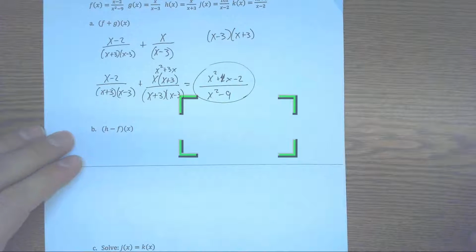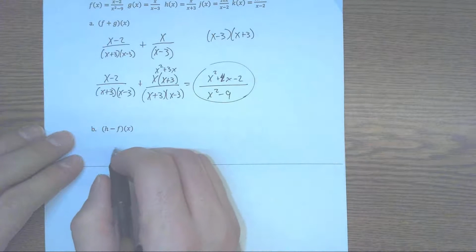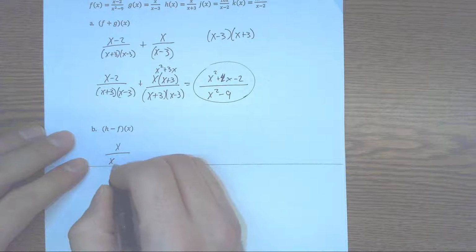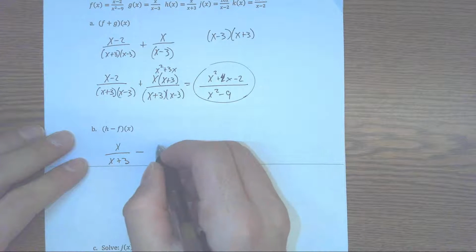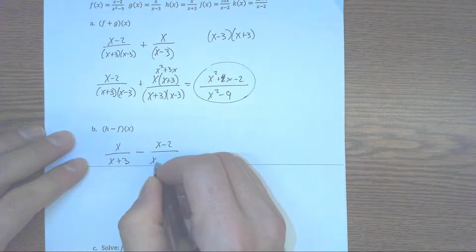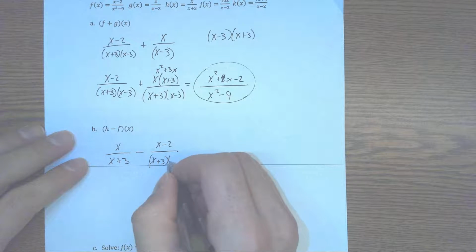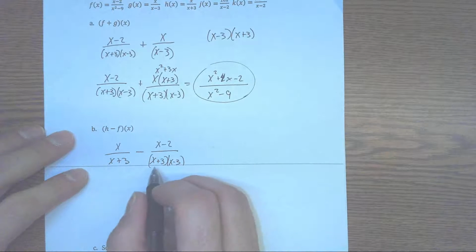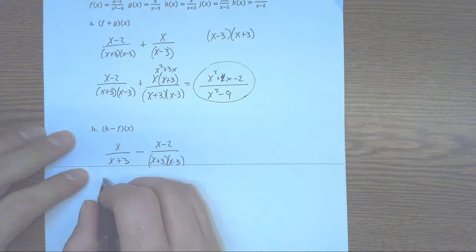H minus f, very similar here. So h of x over x plus 3, minus f. I'm going to use the factored form again. Right, same idea on this side, we need to include the other x minus 3.